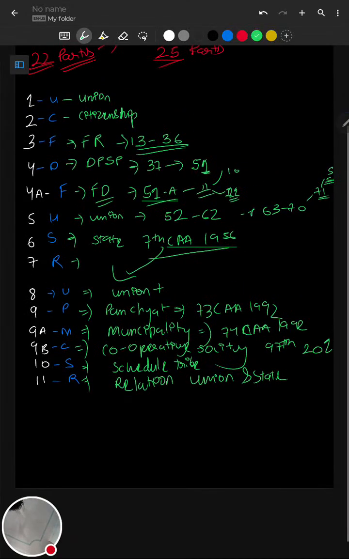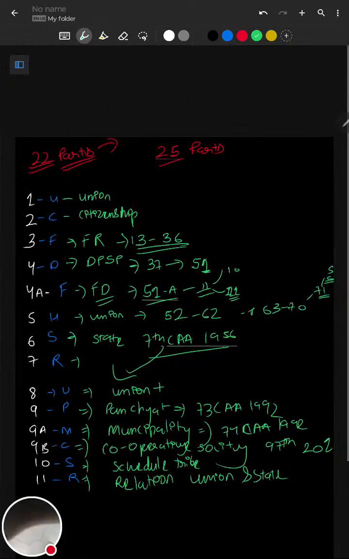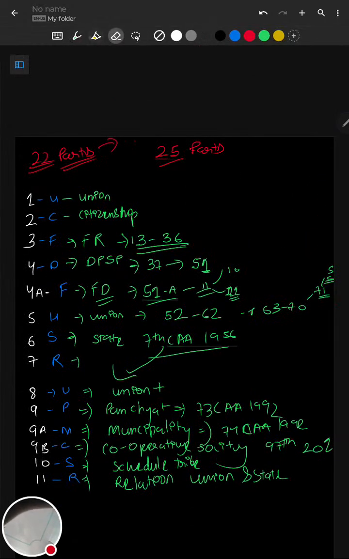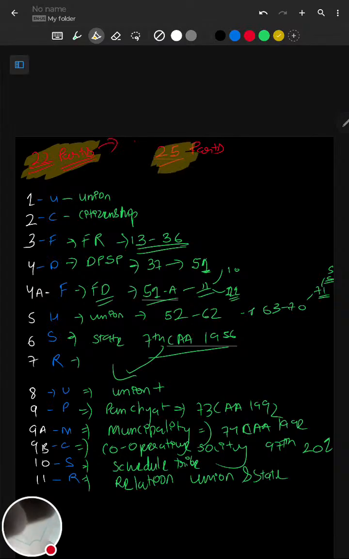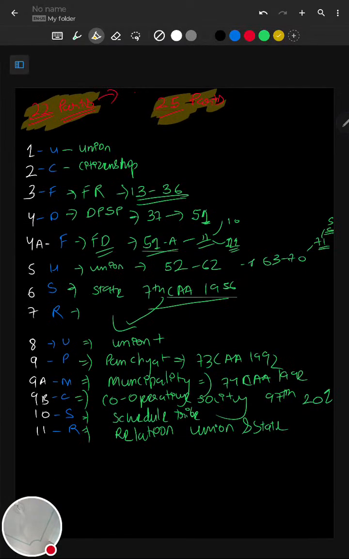Okay, so first to 7. There were originally 22 parts in the constitution, and at the time of independence we had only 22 parts. Now we have 25 parts. Now first till 7, the trick is you can fly directly from US repealed.